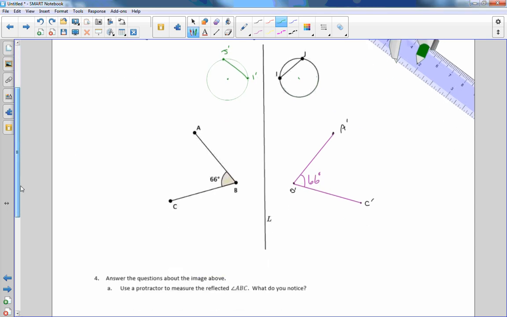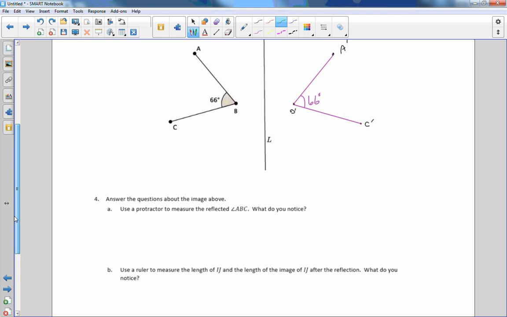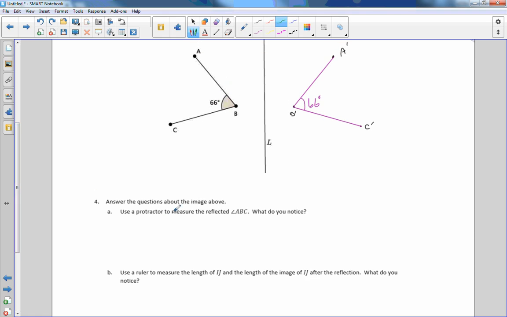Okay. Now I'm going to answer some questions about these. Use the protractor to measure the reflection of ABC. What do you notice? Well, I've already done that.